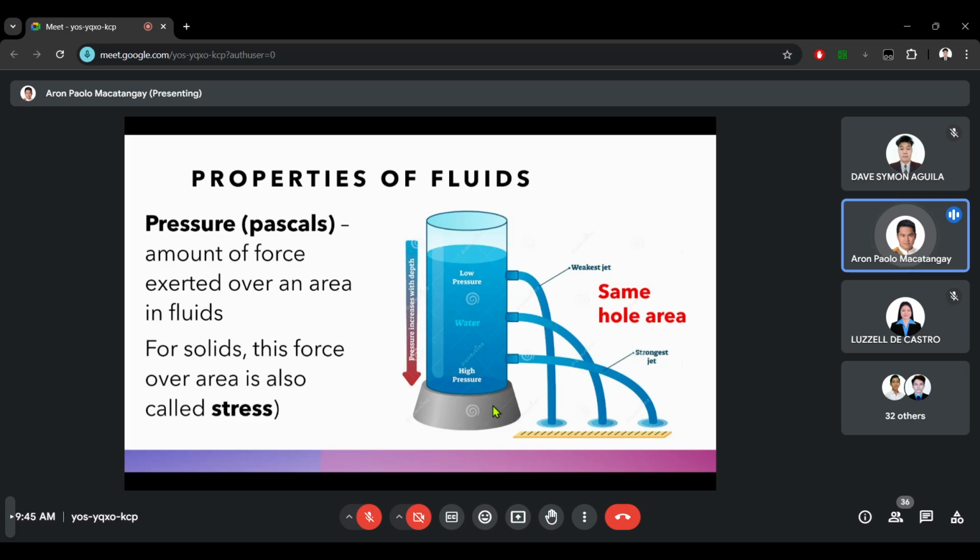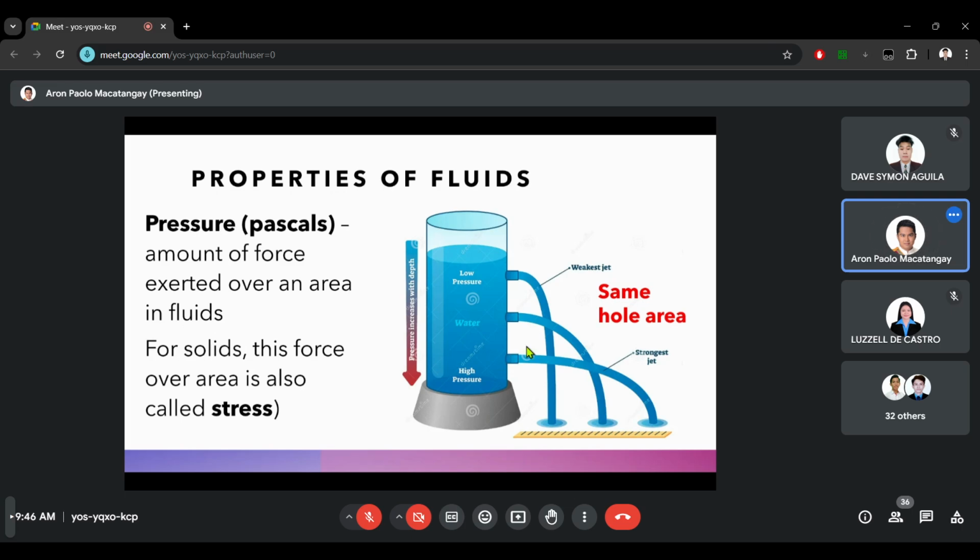You would notice that the water flow from the lowest hole would reach farthest from the container, while the flow from the highest hole will only go a short distance. This is actually a manifestation of pressure over area, because the fluid at the bottom hole is experiencing a larger pressure.